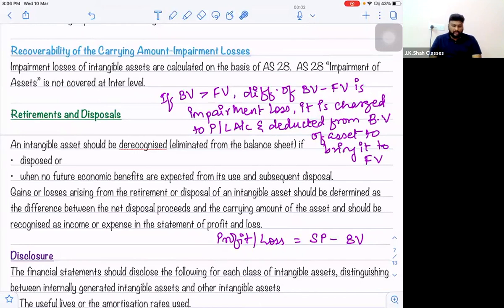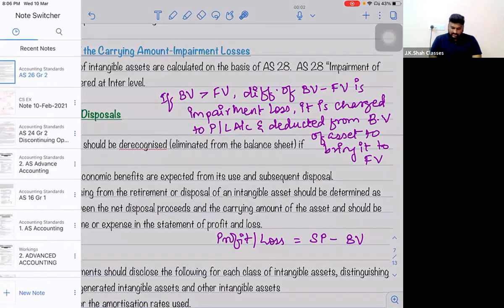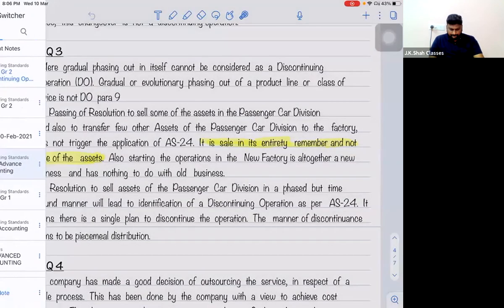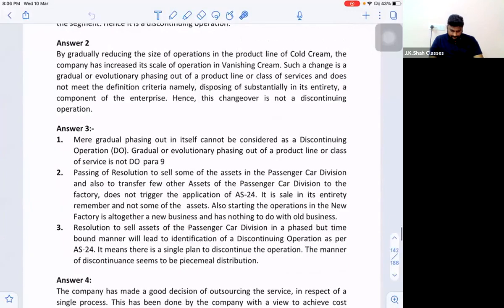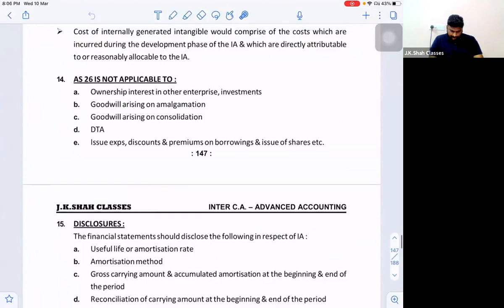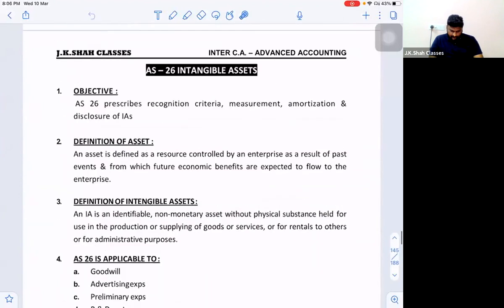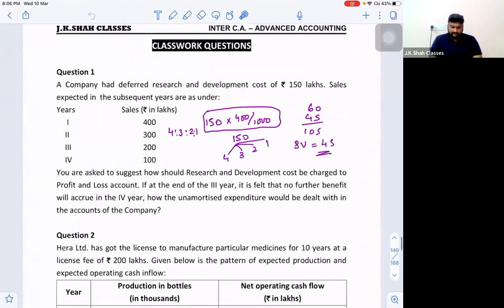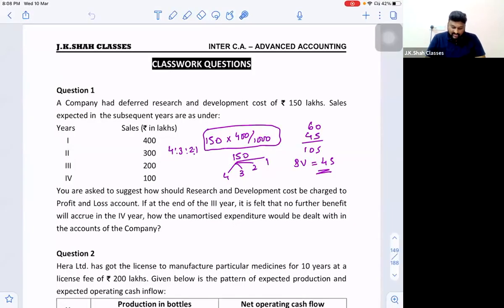So I would like to take first question number 1. Let's start with question number 1.